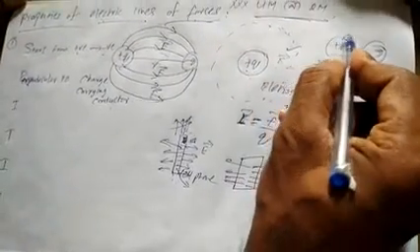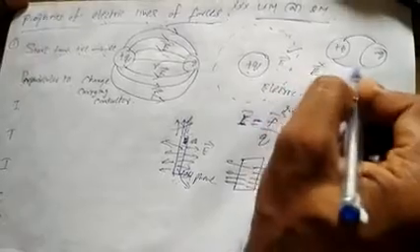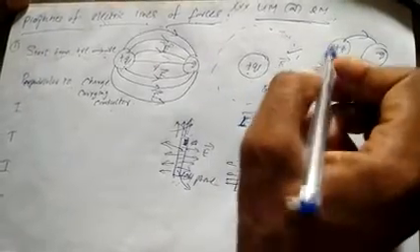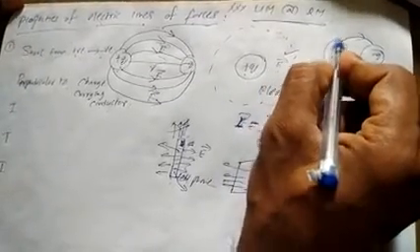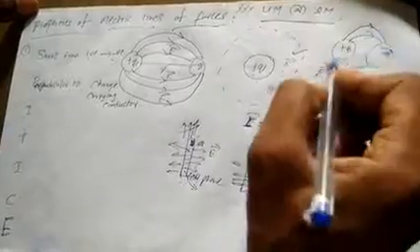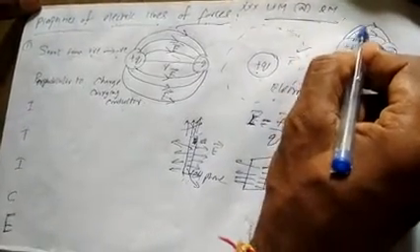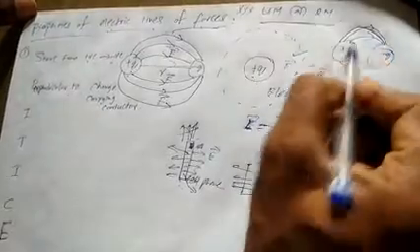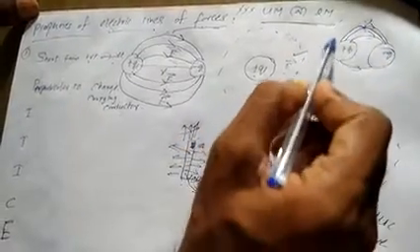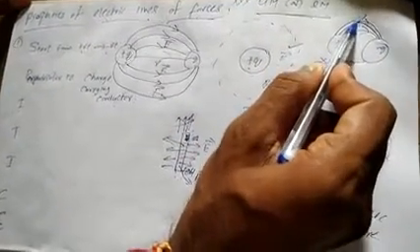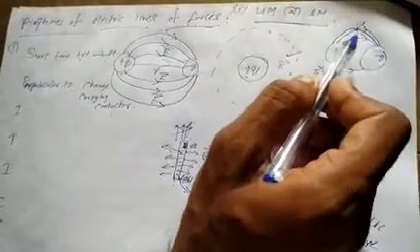If one electric field line is passing like this and enters like this, and another electric field line is passing like this and coming like this, okay? Now if another field line comes like this and enters like this, it won't happen like this. Be careful. Any two electric field lines never intersect.